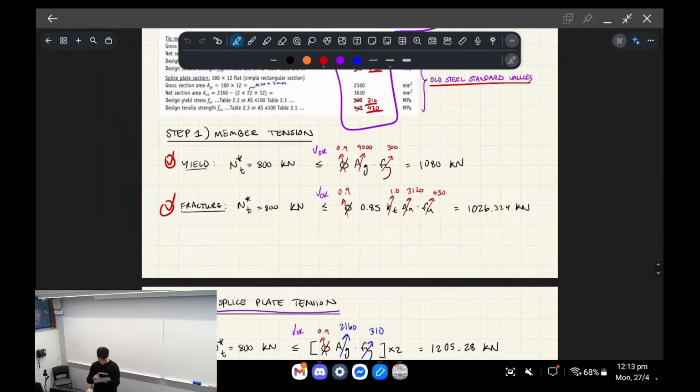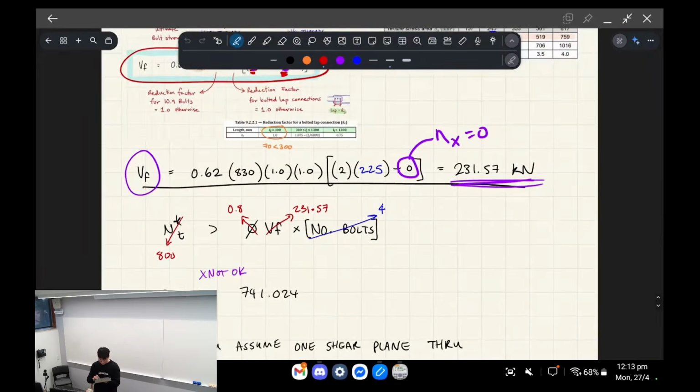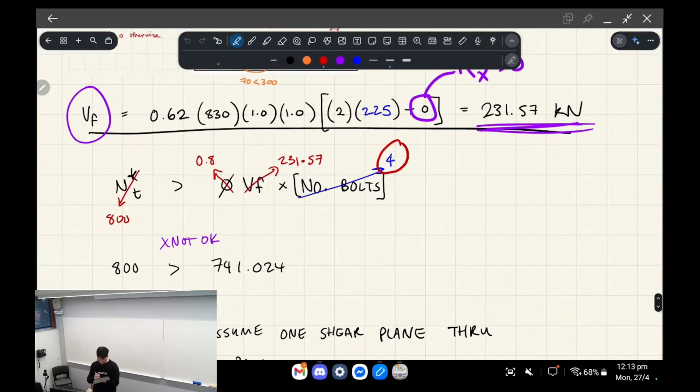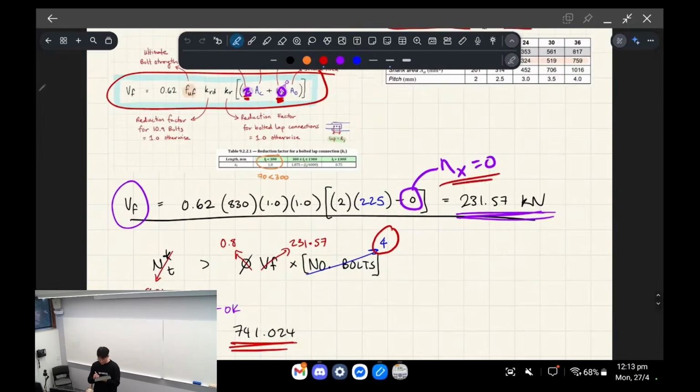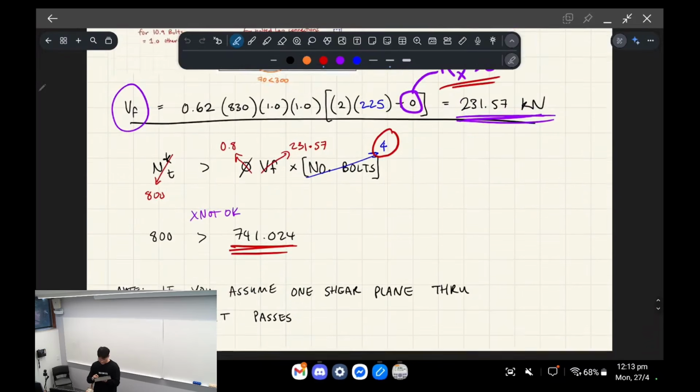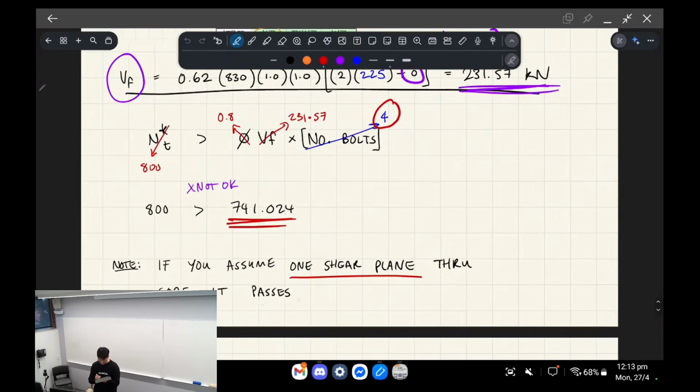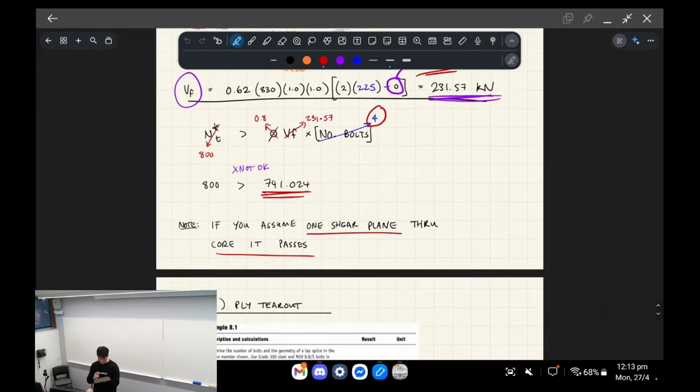So we don't do 8, we do 4. And it's actually going to fail if you take NX equal to 0. The solutions in the textbook actually assume one shear plane that passes through the core and the one that passes through the shank, but I wouldn't do it like that, to be honest.